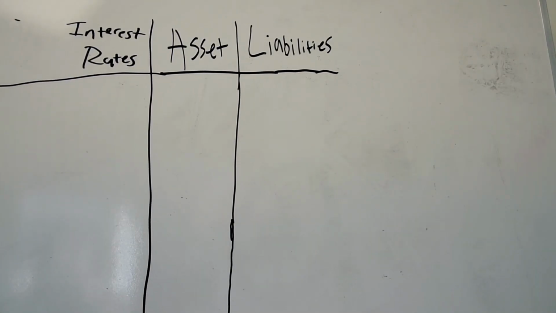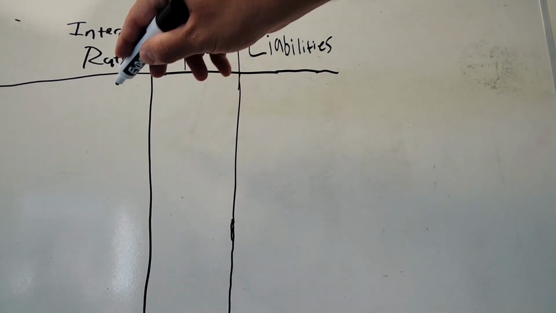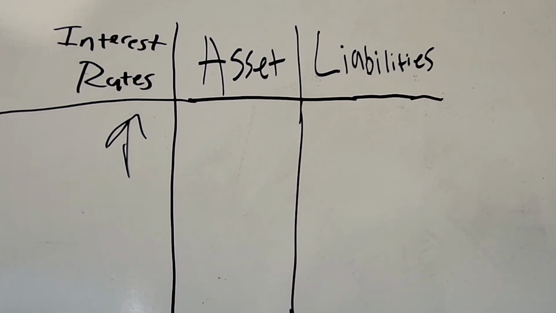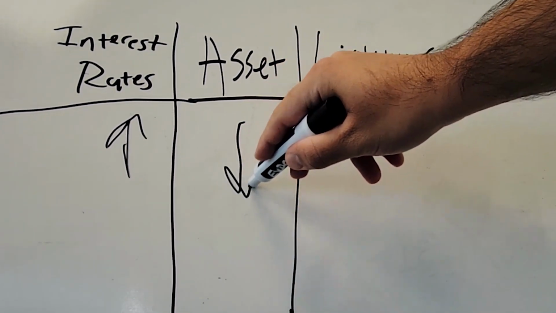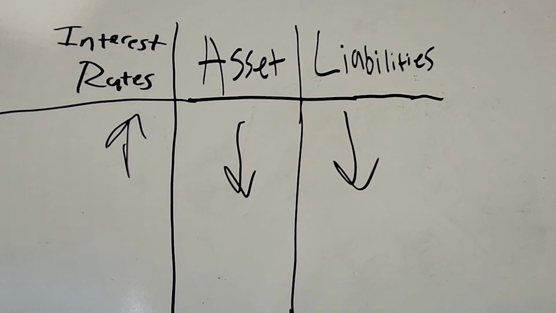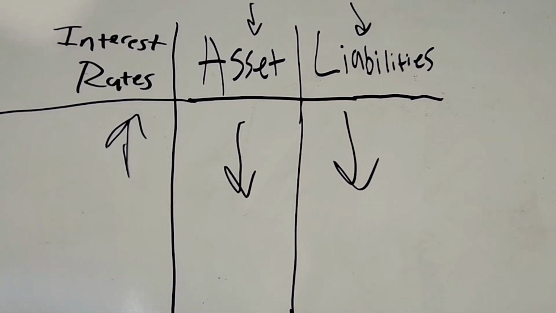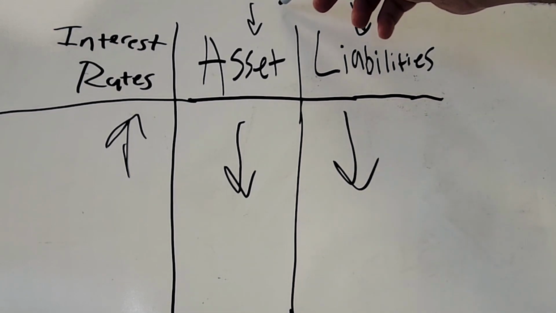So according to this strategy, when interest rates are going up, you have the assets and the liabilities basically coming down. Now, this is a problem because one of these, either the assets or liabilities, one of these may go lower than the other. They're never equal to each other.